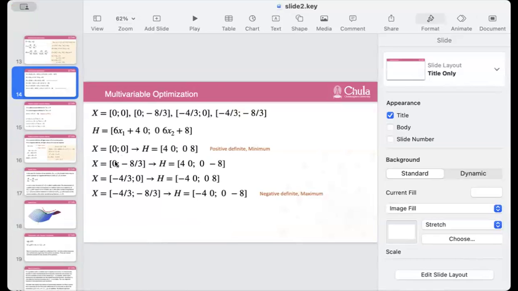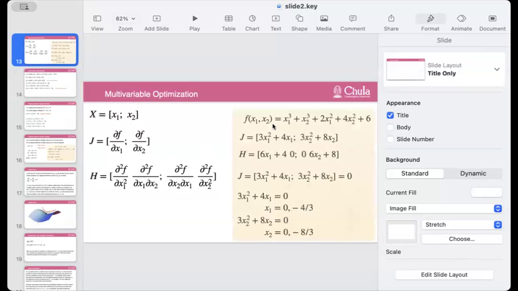And the other point is 0, minus 8 over 3, right? So X and Y are limited to somewhere around 0, 0, so we cover from -5 to 5 for both X and Y. But for that, you have to put X and Y back into this equation and calculate F, so you see the range of F from minimum to maximum.